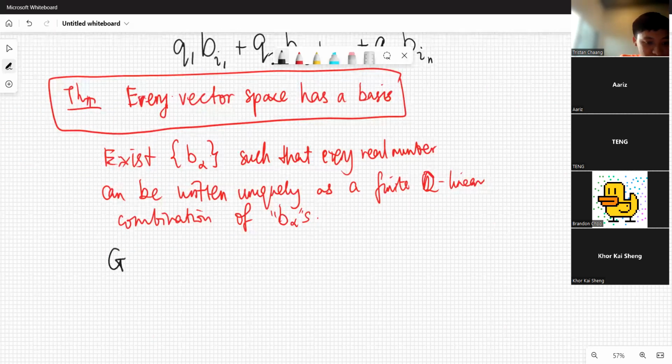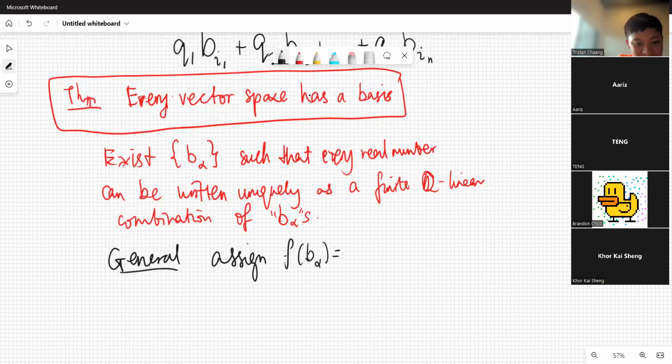So the general solution is to assign f(b_alpha) equals, let's say, some number c_alpha, then f(q_i b_i) would be just the sum of q_i c_i.